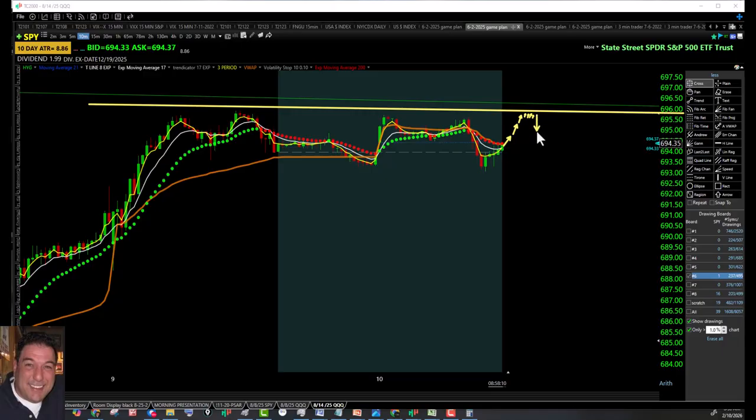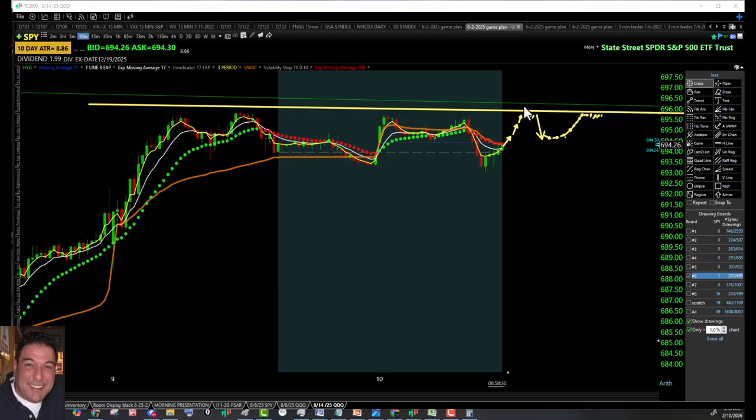Come back down. Probably catch VWAP, all right? And then come back up one more time and try one more time. Okay, they may break through this time, on the second shot. I think they break through on the second shot. Now, if they break through on the first one, that'll be fantastic.